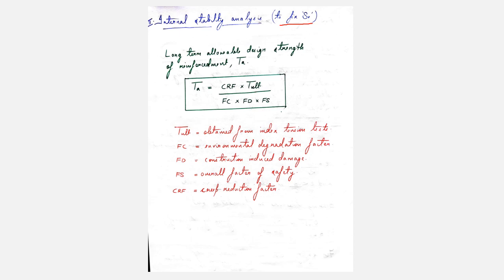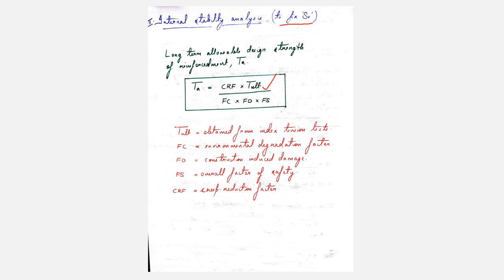For a reinforcement, we will already be conducting a laboratory tensile strength test. Okay. So through the laboratory tensile strength test, the value which you obtain is the T ultimate. T ultimate is the tensile strength of the reinforcement obtained through the laboratory tensile test.